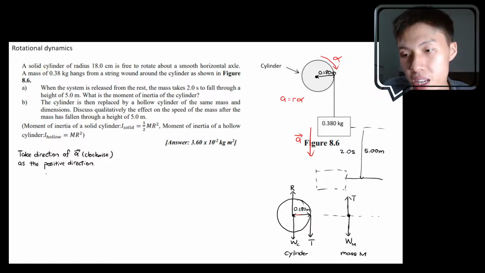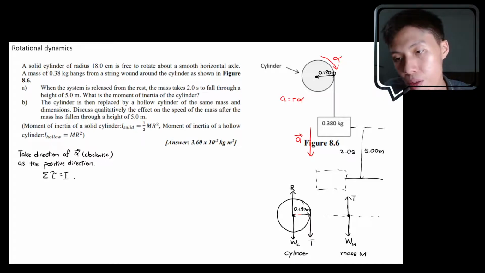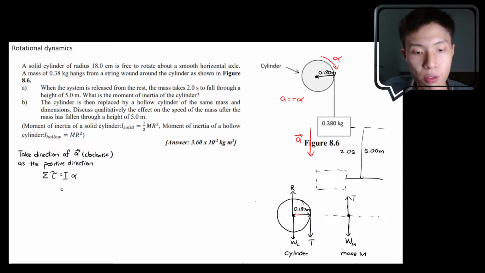So if we do that, then our sum of torque will be equal to I alpha. Then for our sum of torque, we look at this free body diagram here. What are the torques that make up our sum of torque? We know that the reaction force and the weight of the cylinder will not cause any torque to the system because the reaction force and the weight are both exerted on the center of mass, on the axis of rotation.